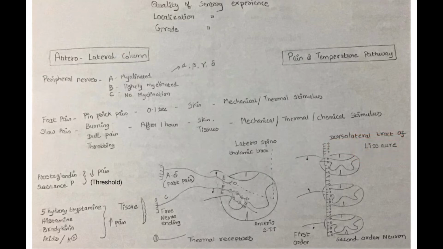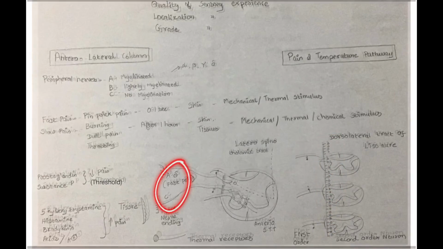So these are the free nerve endings, and these free nerve endings meet the second order neurons, both the A delta fibers and C fibers.